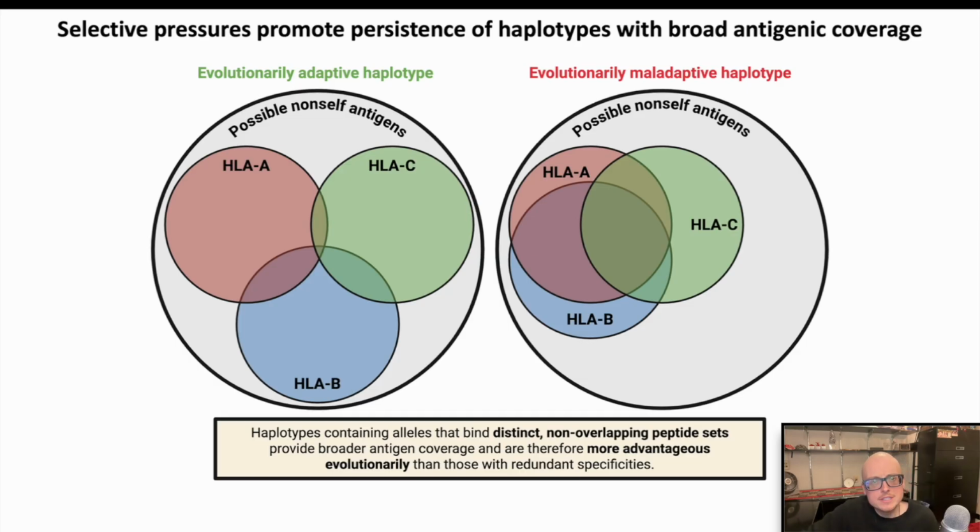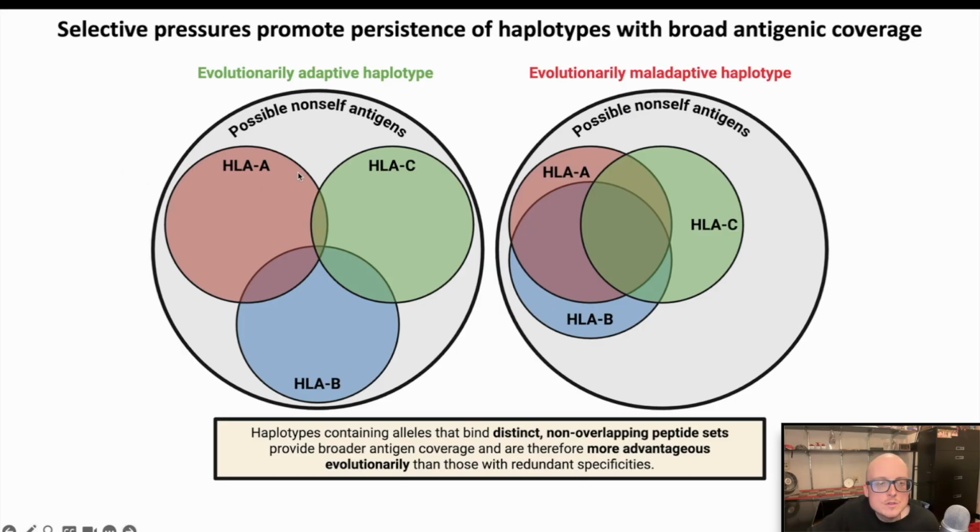If we think about the adaptiveness of a given haplotype, the way we might define that is to think about the set of total possible foreign or non-self antigens that a person might need to present in their lifetime. If we imagine that set as the gray circle here, and then we draw a Venn diagram of all of the possible antigens that any individual isoform of MHC class 1 might be compatible with presenting, you would get something like this.